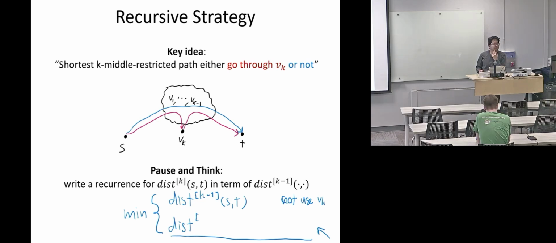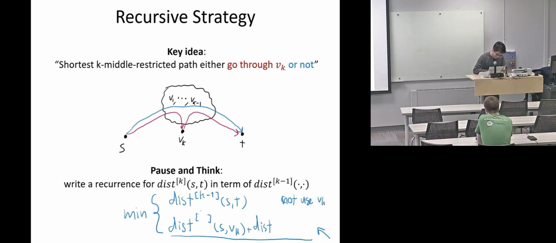Split up the two different terms: one that goes S to Vk, plus Vk to T. And what is this here? Divided by 2, the number of edges. Divided by 2? It's not K, it's K divided by 2. Okay, let's see.